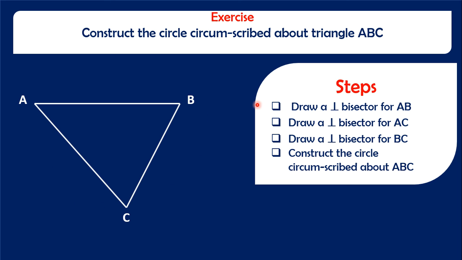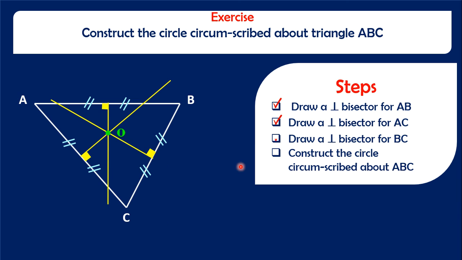Let's do our first step. This is a perpendicular bisector for AB. Our first step is finished. Now the second step, draw a perpendicular bisector for AC, also finished. And now the perpendicular bisector for BC, finished. We notice that they intersect at point O. They are concurrent.